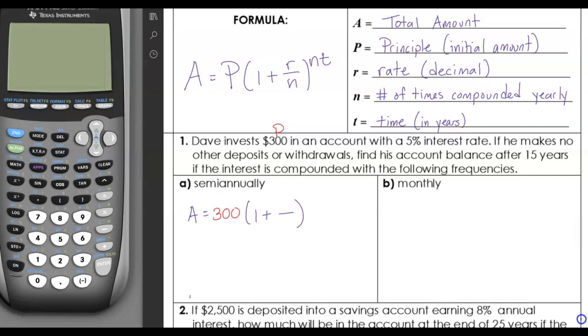Now, we're not going to put 5 in for our rate. We need to convert it into a decimal. How do we do this? Yes, exactly. You either think of it as moving the decimal 2 places to the left, or, like Peyton said, you divide by 100. So our rate is actually 0.05.